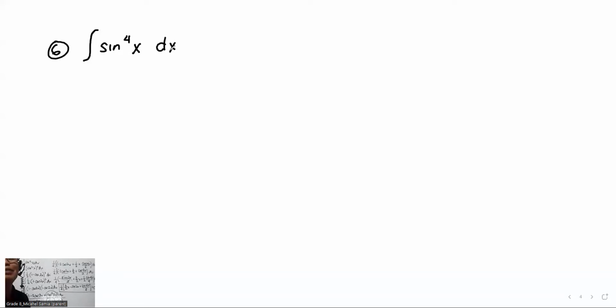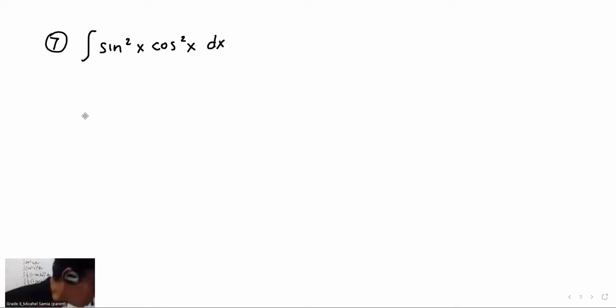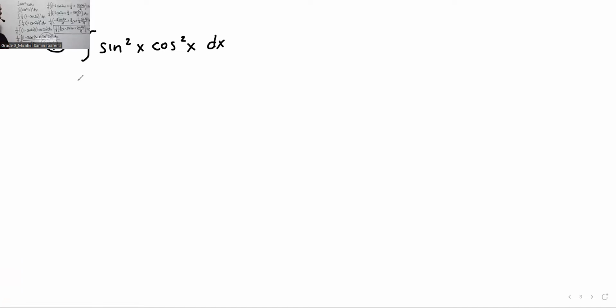Okay, sine to the fourth. So next problem, sine squared, cosine squared. Now, both of them have even powers, so you can use the reduction formula on both of them.